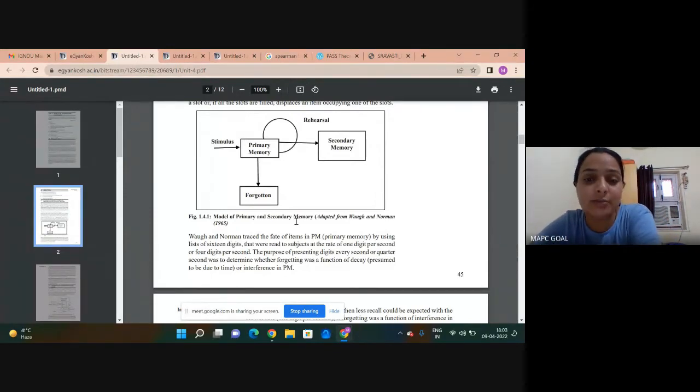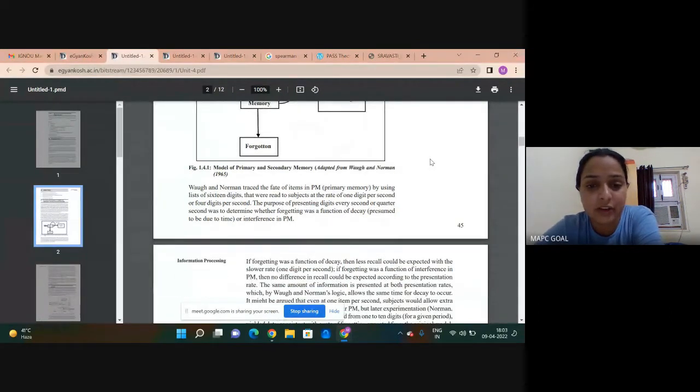If you feel that this is important for you, you will rehearse it maybe after the class, or you're going to repeat your notes, and then you'll send it to secondary memory, a very simple one. Or else, if you feel that it is not important for you, you'll just forget it. So this is the memory model that was given by Waugh and Norman.